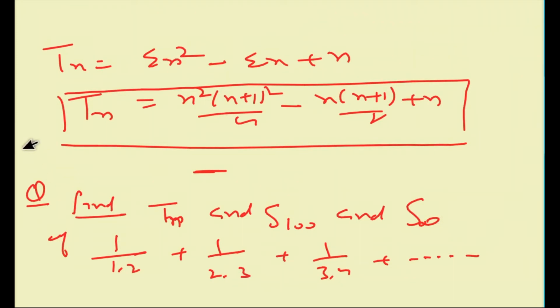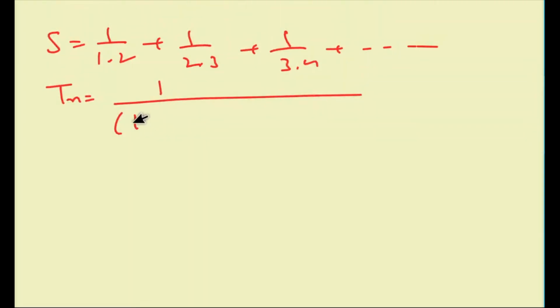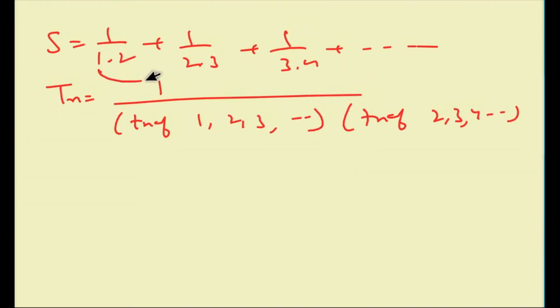Okay, so now you can check it. S equal to 1/(1·2) plus 1/(2·3) plus 1/(3·4) plus and so on. So we can write Tn equal to 1 upon the Tn of the series 1, 2, 3 into the Tn of 2, 3, 4. So you can see here 1, 2, 2, 3 and this is 1, 2, 3 and 2, 3, 4.